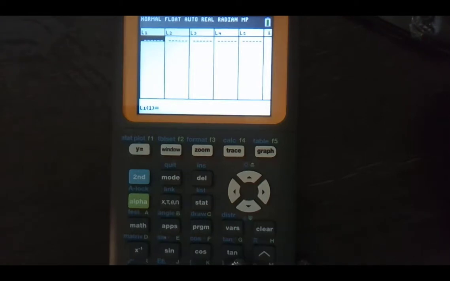I'm going to put life expectancy in my L1, and I can put income in my L2. I'm going to do that as quick as I can. We probably will speed through it now.